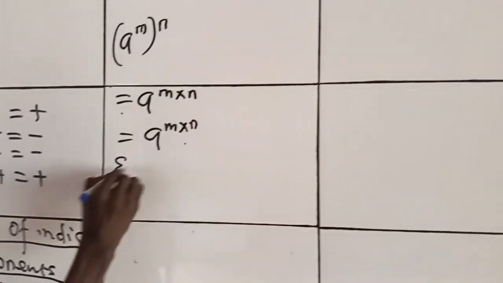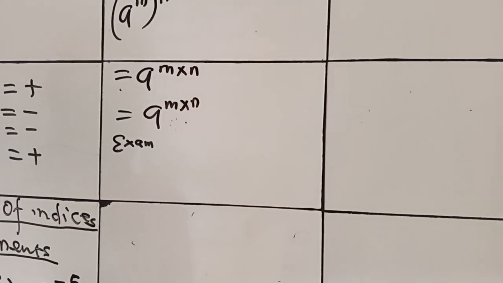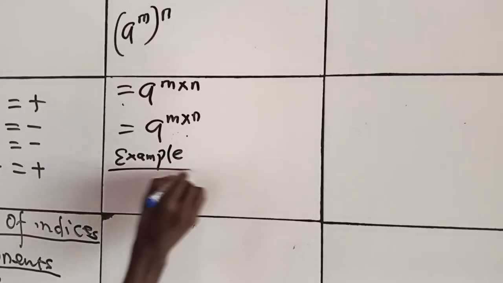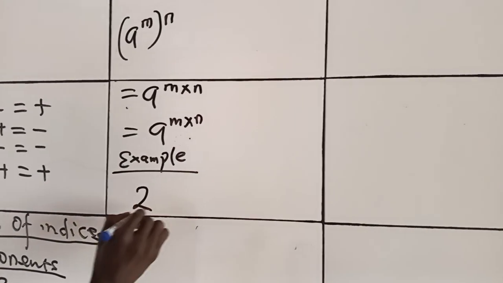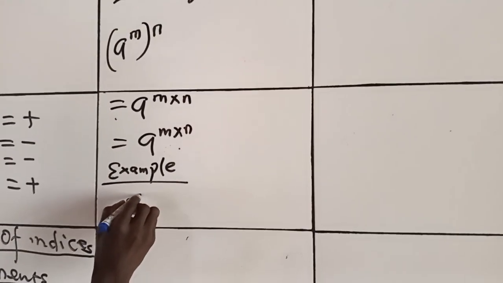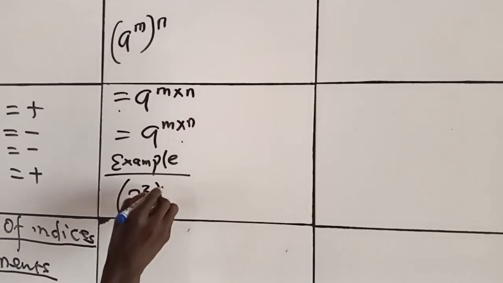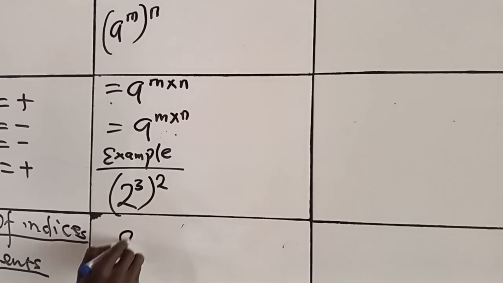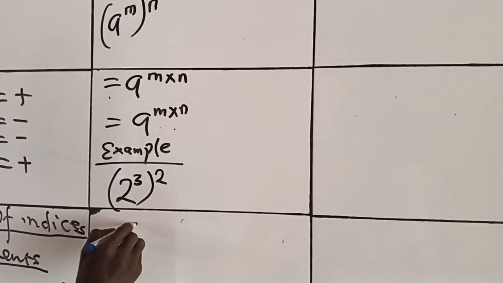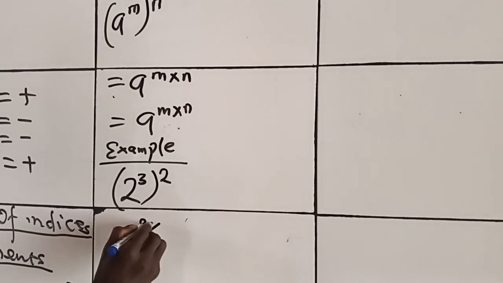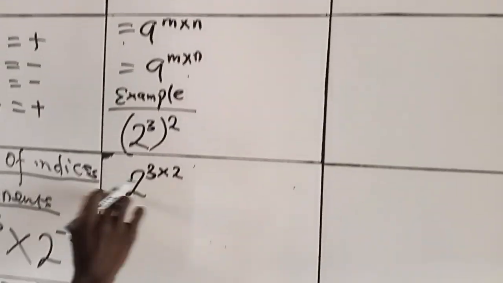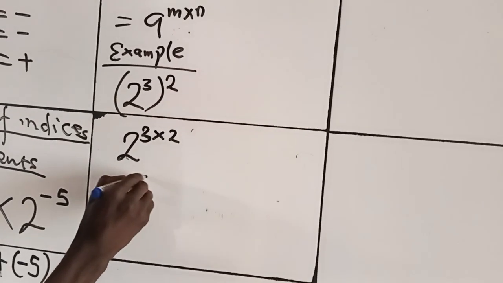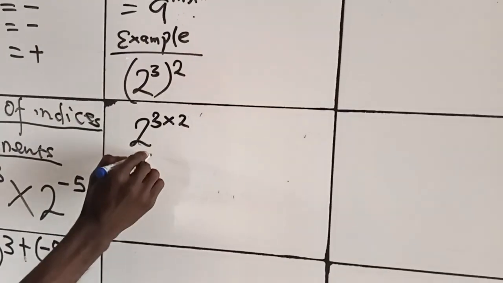For instance, as an example, we have 2 raised to the power of 3, raised to the power of 2. The base we have is 2, 3 times 2, which is going to give us 2 raised to the power of 5, and 2 raised, this time this is going to give us 6.